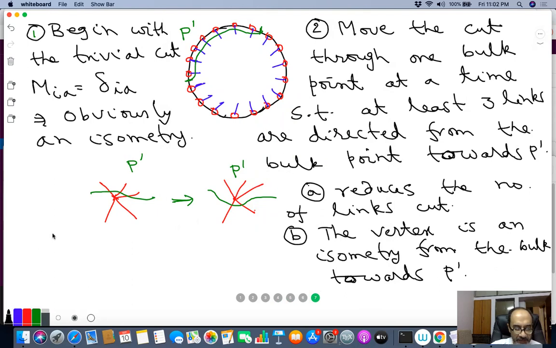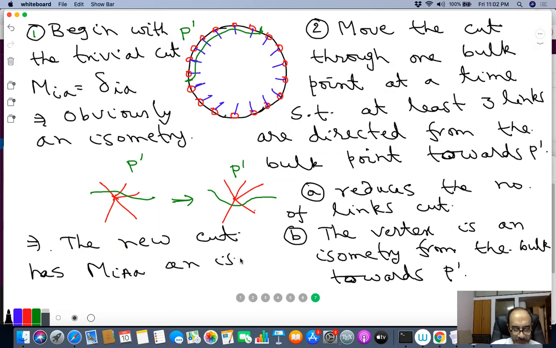This implies that the new cut has M_IA as an isometry. Is that clear?